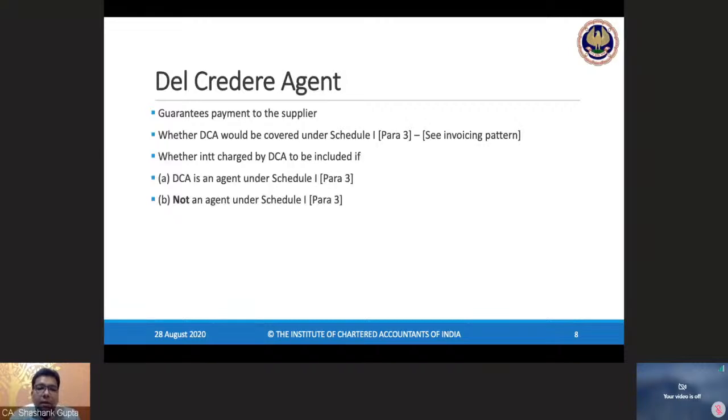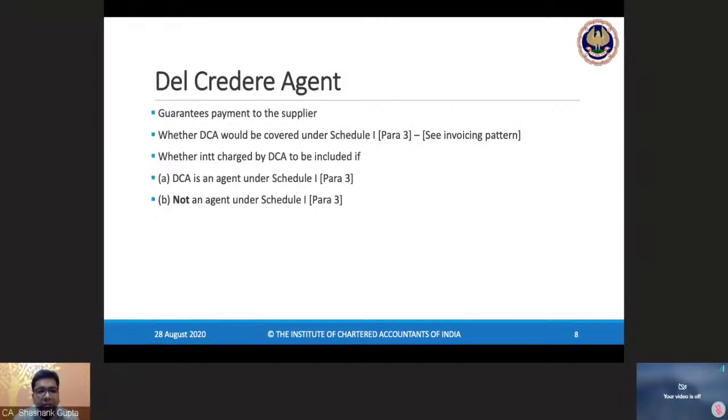That is, he is undertaking supply of goods on behalf of the principal, and he is showcasing that the supply is happening from him, but actually the goods are being supplied by the principal. In such cases, for the buyer, who is the seller? The agent is the seller.